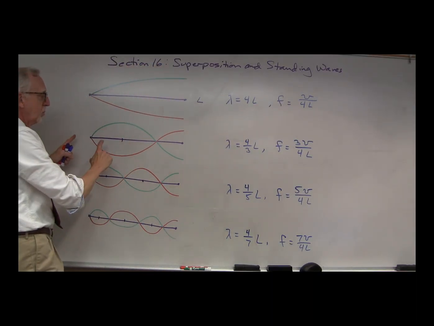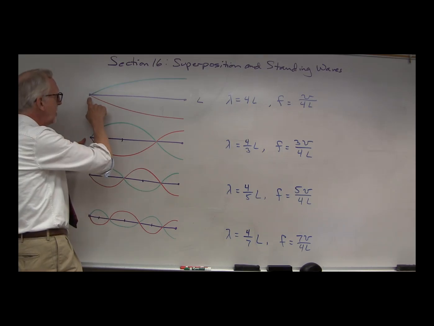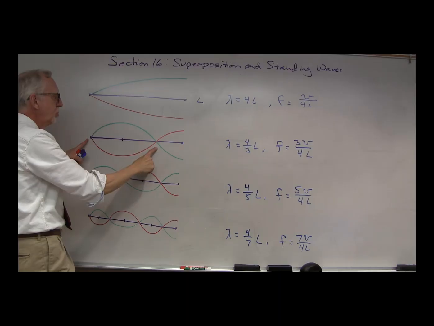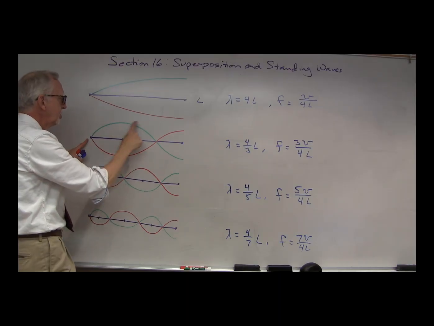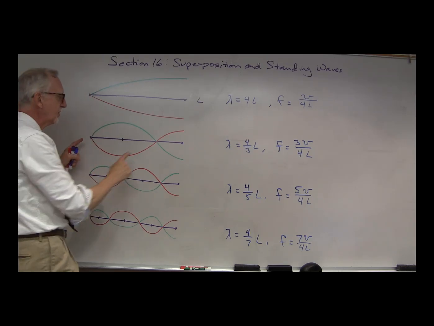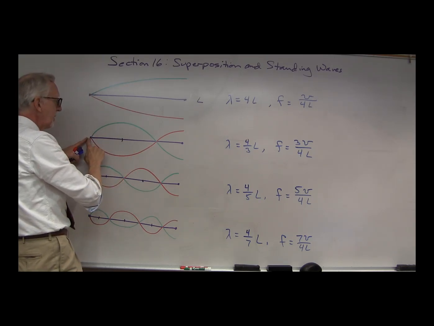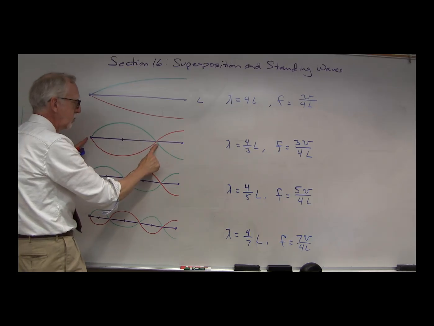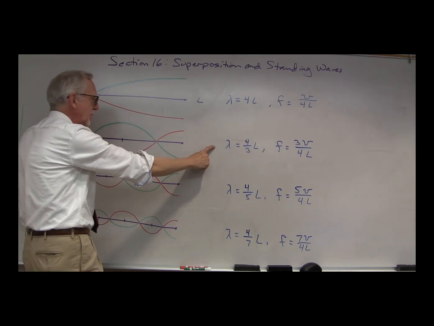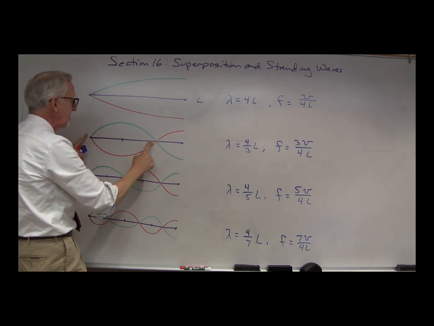What about the next one? Well, that would be when we have 2 nodes, and now 2 antinodes. So what's the wavelength in this case? Well, we go from equilibrium to maximum to equilibrium to minimum. Now we've got to get back to equilibrium again to make one complete wavelength. Let's imagine dividing this into 3 parts.